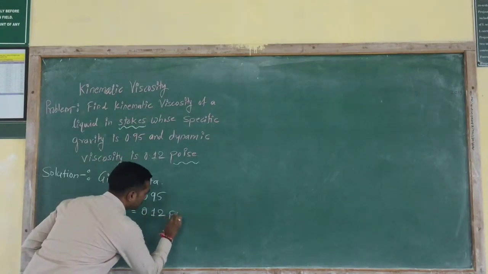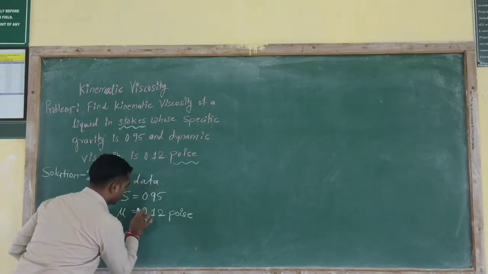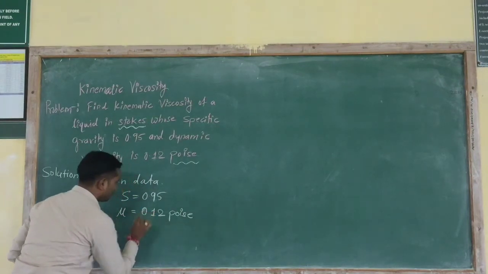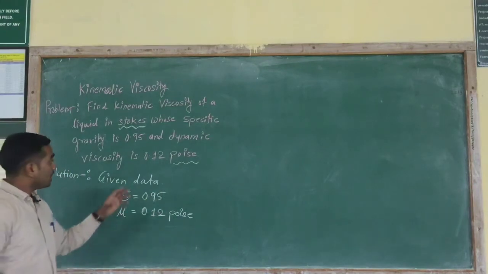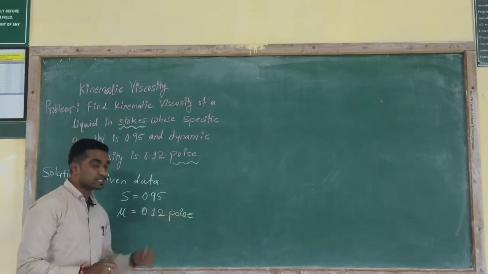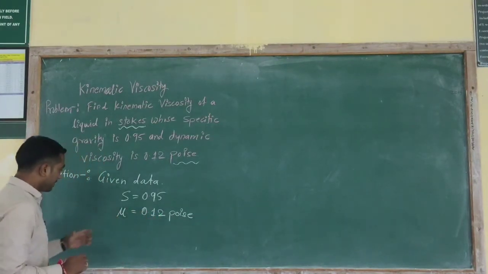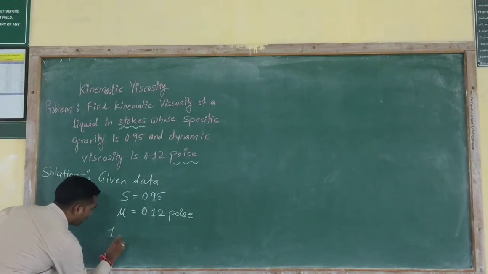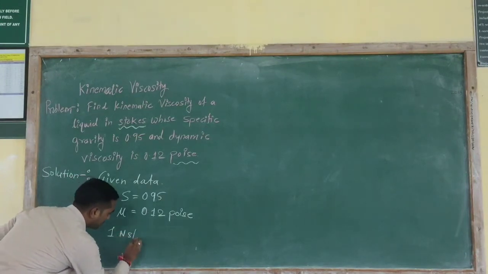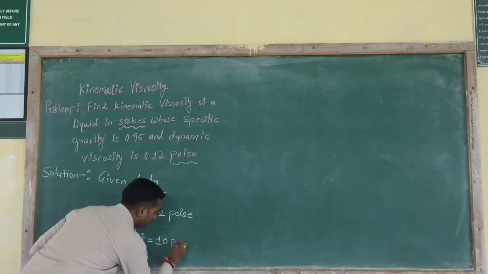0.12 poise. Now here we have to convert this unit poise into Newton second per meter square, okay. The conversion is 1 Newton second per meter square is equal to 10 poise.